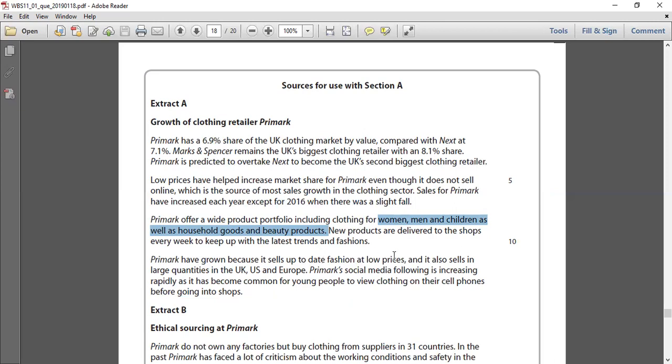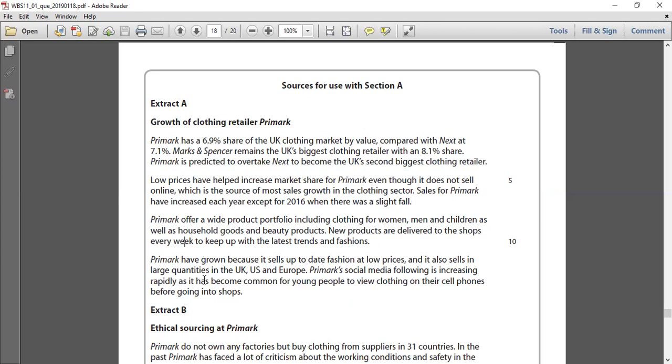That is really important, because the fashion industry is a very updated and dynamic industry. New products are delivered to the shops on a weekly basis, they are changing. Otherwise they can't keep the market share, because it's a very dynamic, seasonal business.